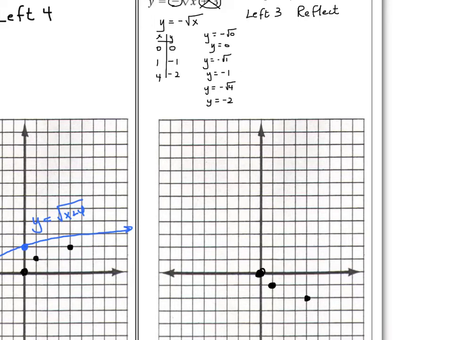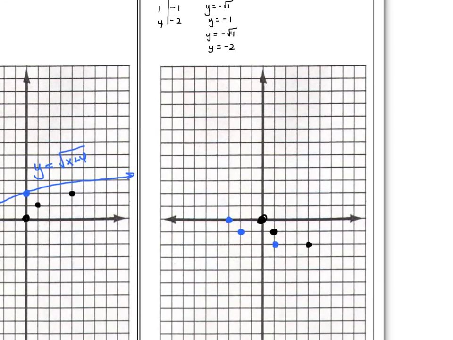And then now I'm going to take my shift, which said left 3, and I'm going to put my graph. So these are going to be in blue, left 3 there, left 3 here, and left 3 here. And now my graph is going to look on the blue lines here, like so. This is y equals the opposite of the square root of x plus 3.